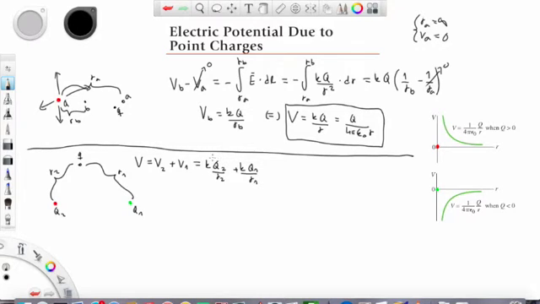The nice thing about the electric potential is that this quantity is a scalar. It has no direction. So unlike, for example, in case of electric field, we had to consider what is the direction of the field at this very point.